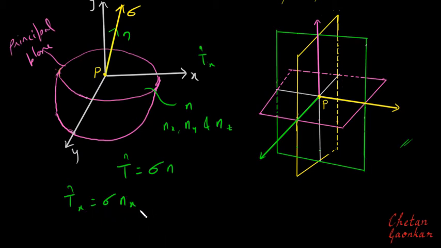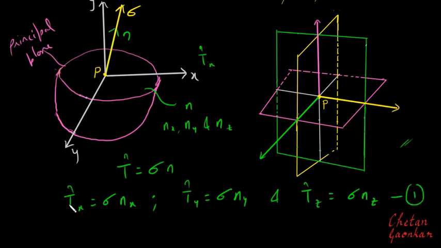So Tnx will be sigma times nx. Similarly, Tny will be sigma times ny, and Tnz will be sigma times nz. Let me write this as our equation 1.